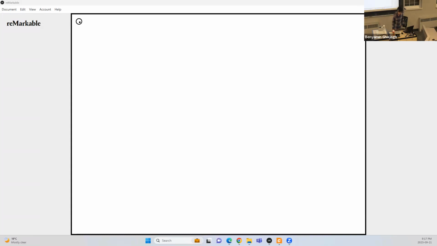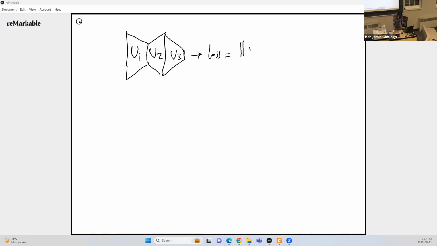So consider a neural network. Now I give you a puzzle. Consider U1, U2, U3, three layers of neural network. My loss is the mean squared error of my y hat minus y. Y hat is the output of the neural network, and y is the actual labels, right?